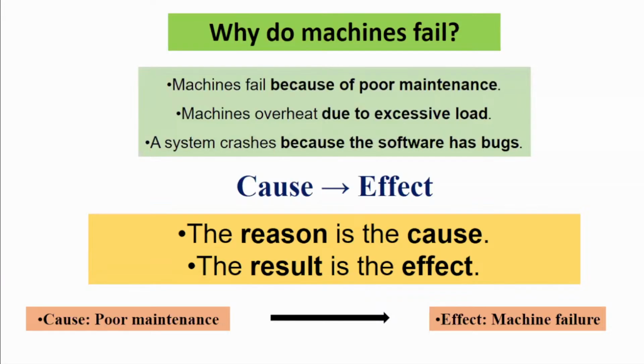Quickly send in the chat the answer to the cause and effect. And even in the third one, the system crashes because the software has bugs. So what is the cause there and what is the effect?